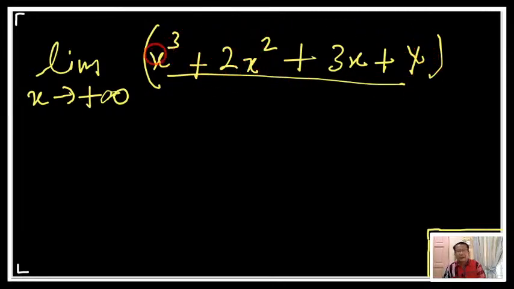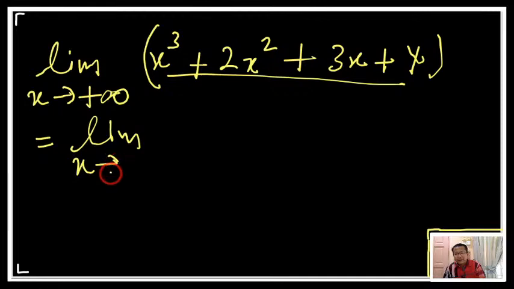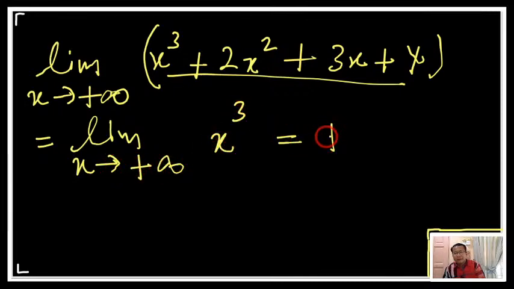You just take the x with the highest power. It's like you have $1 million and then you add another 20 cents. You don't count the 20 cents because you already have $1 million. So this one is actually equal to the limit as x approaches positive infinity of x cube. So this is positive infinity. You must be careful with the negative sign only in here. The rest, you don't care.